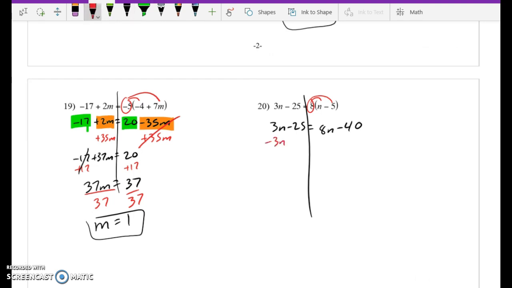I will subtract 3n. Negative 25 equals 5n minus 40. Add 40. That gives you 15 equals 5n. You divide by 5 to give you n equals 3.